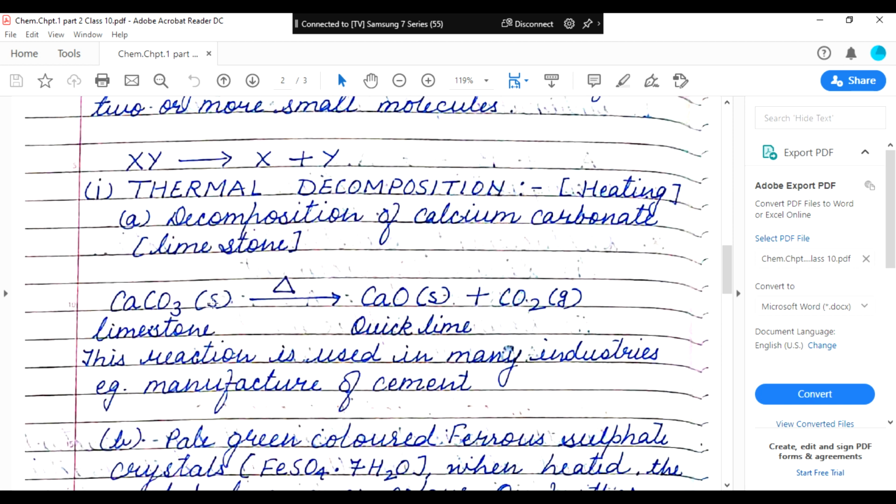On heating, this molecule breaks. Its bonds break and form its simple constituents calcium oxide and carbon dioxide. This reaction is very important as it is used in many industries, for example, in manufacture of cement, glass, etc.